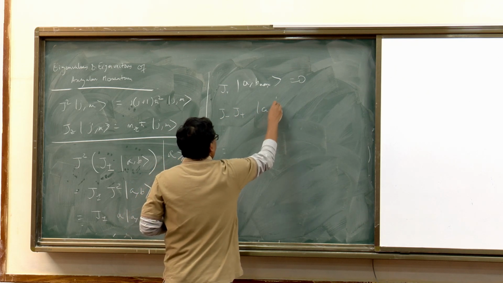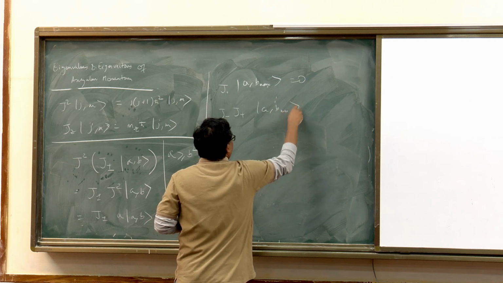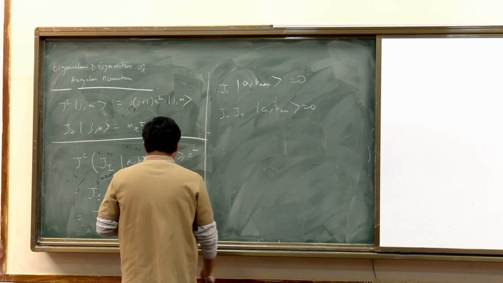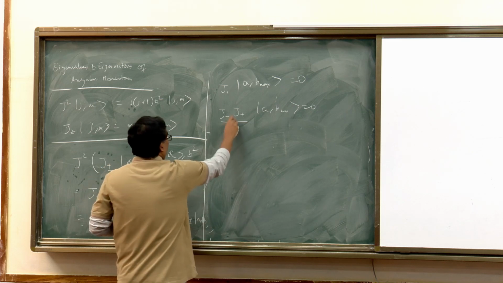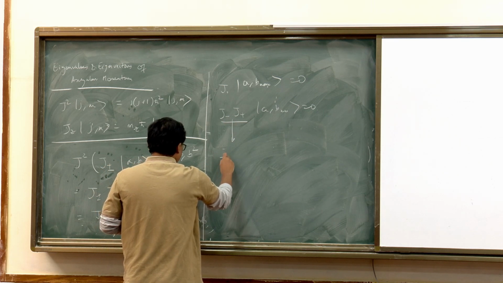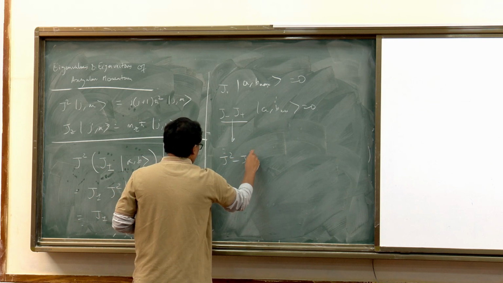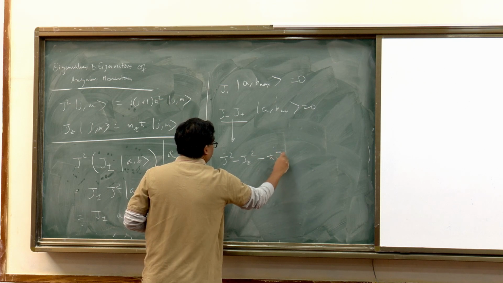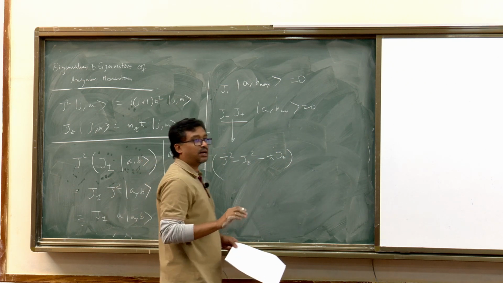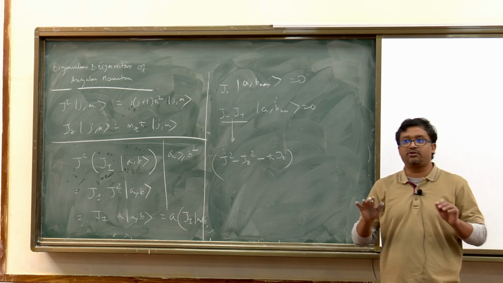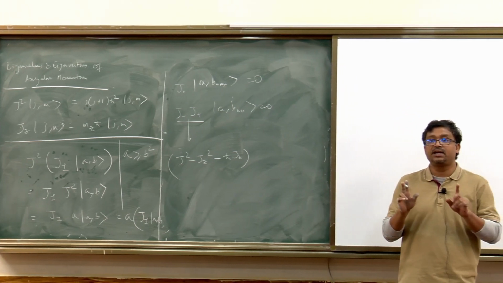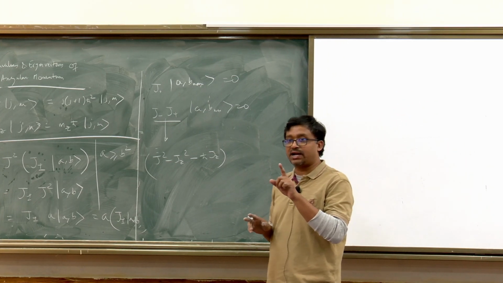So j plus acting on A B max equals 0, and then if you work out the math, you will show that this can be written as j square minus jz square minus h bar jz. See, in the algebra of angular momentum there are a lot of manipulations you have to do, but at the end of the day, you should not forget what you are trying to do.